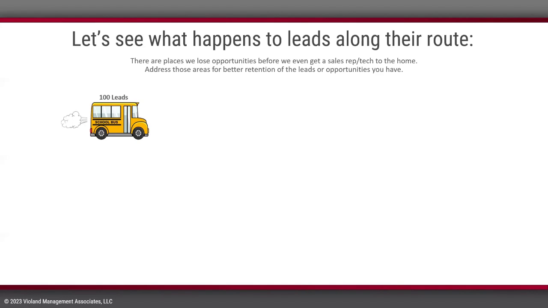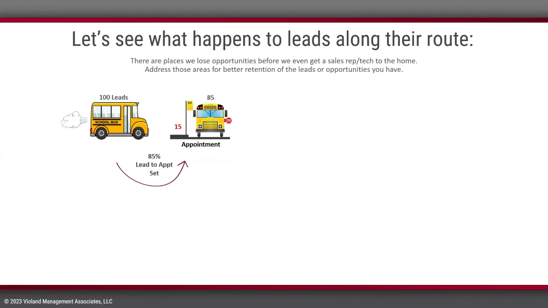So the bus is moving on down the road, and it gets to the first bus stop. And the first bus stop represents when we set the lead to an appointment. So we have our school bus with our 100 leads, and we get to our first bus stop, and 15 leads get off the bus. Why did 15 leads get off the bus?